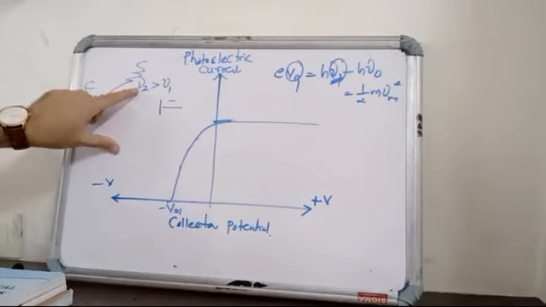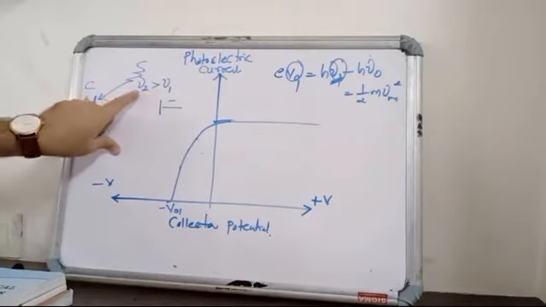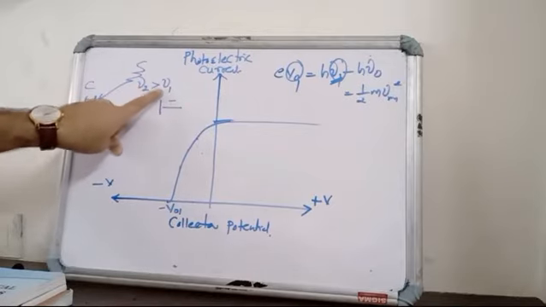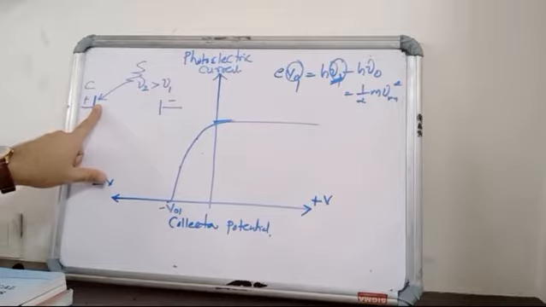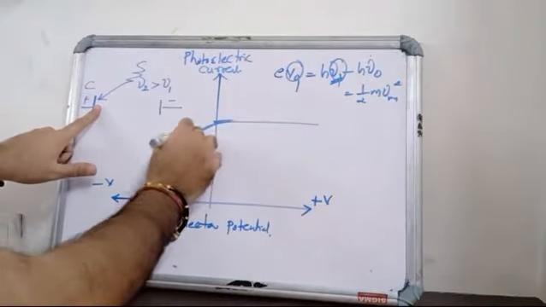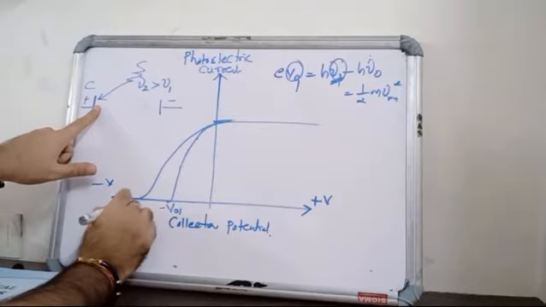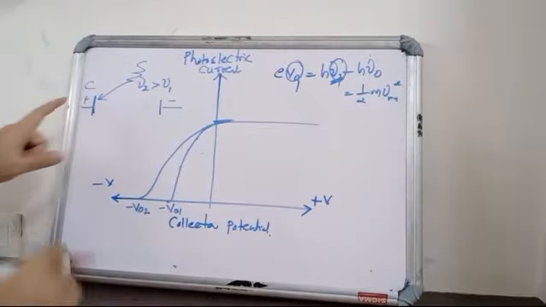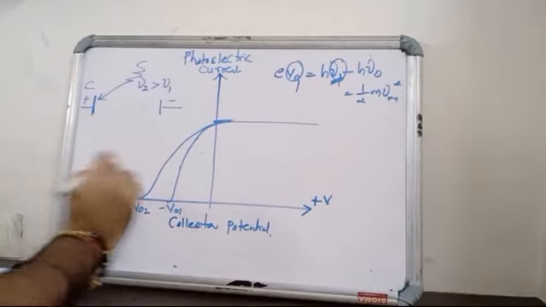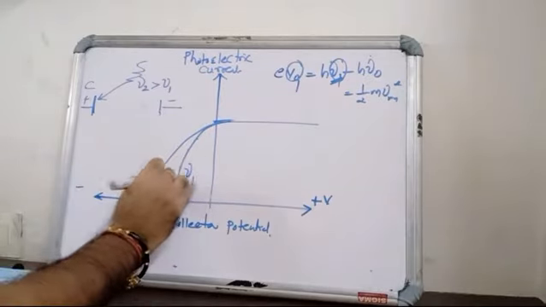Now I make light of a little higher frequency nu2, greater than nu1, incident on it. According to this equation the stopping potential will change, so it is -V02. This is for nu1, this is for nu2.